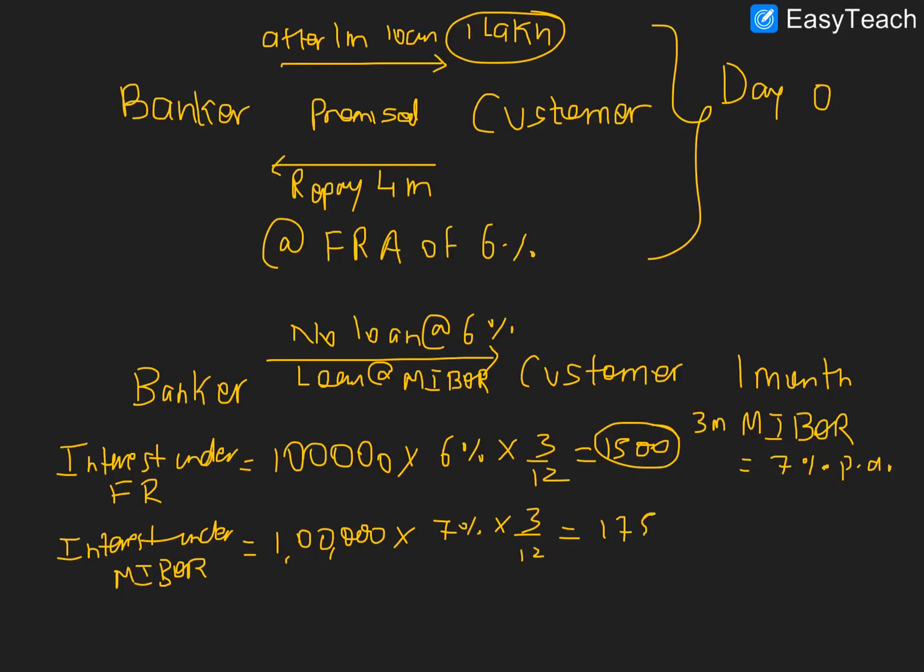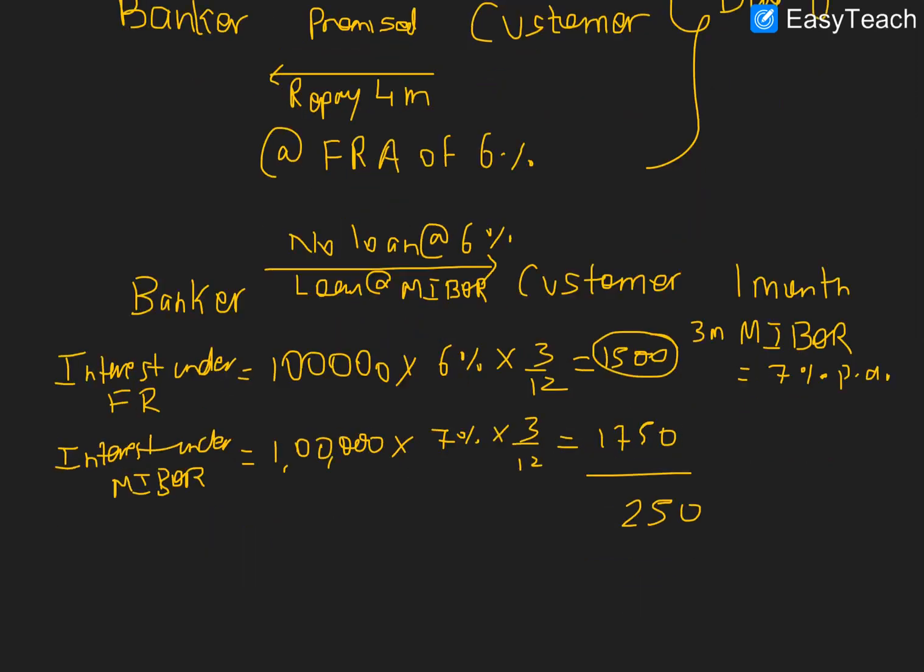The customer says it is 1750. Now the banker says, "Sir, how much extra are you going to pay because of this MIBOR loan? If we don't give you a loan at 6%, and you are compelled to take a loan at MIBOR of 7%, what's the extra interest that you're paying?" The customer says, "I'm paying 250 as extra."